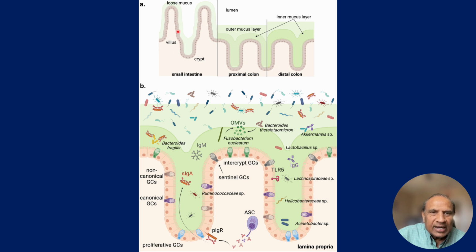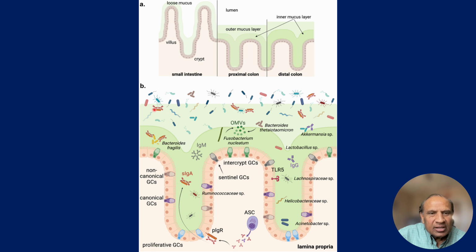The small intestine has villi, while the large intestine does not have villi, it just has crypts. The type of bacteria or microorganisms in the intestine and the colon differs. Also, the amount of these microorganisms increases as you go from the small intestine to the colon to the end of the colon in the rectum.